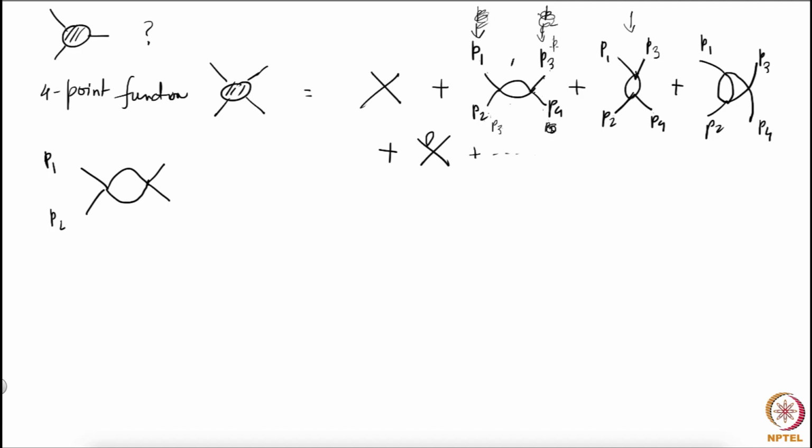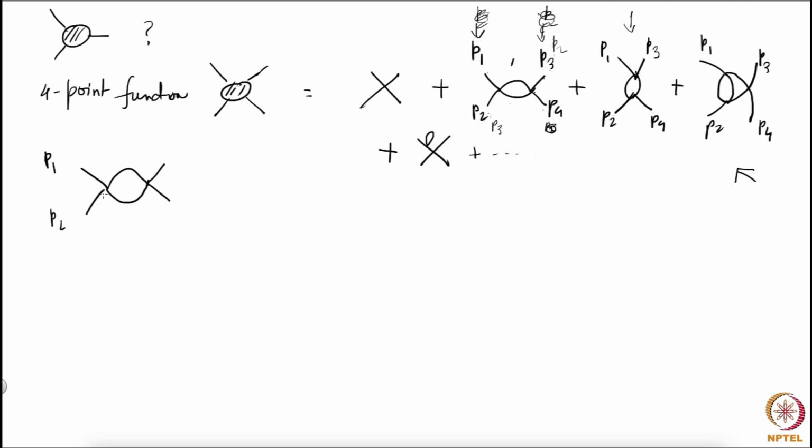I'm repeatedly making mistakes because this I leave as P4. So then P2 and P4 meet, which is here. Okay. So either you can choose to draw these diagrams the way I have drawn, or draw the same diagram repeatedly but change the external momentum positions. But it's more convenient if you draw it this way.